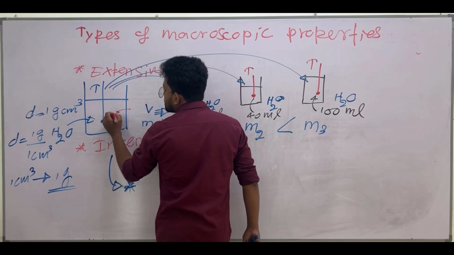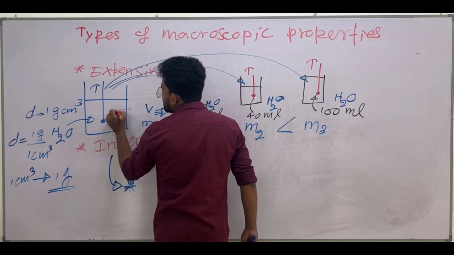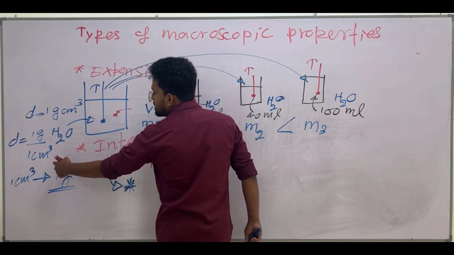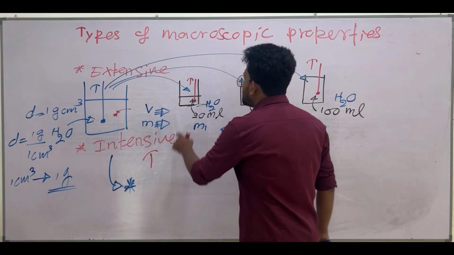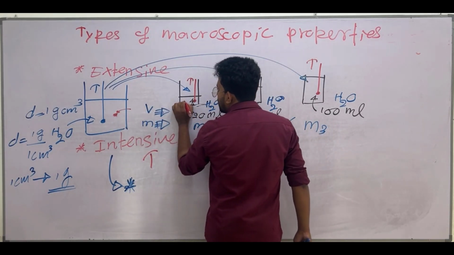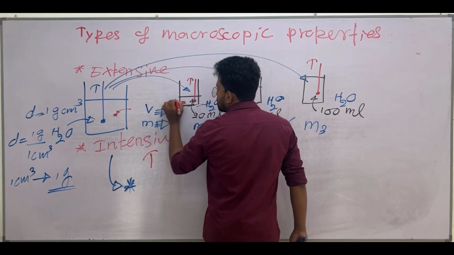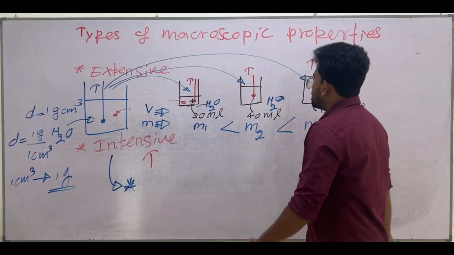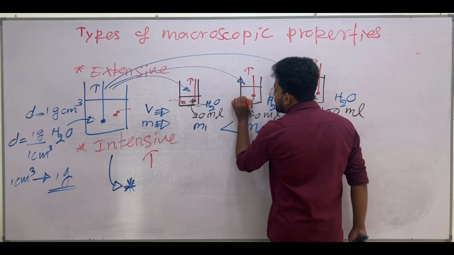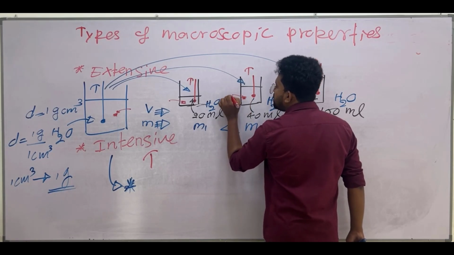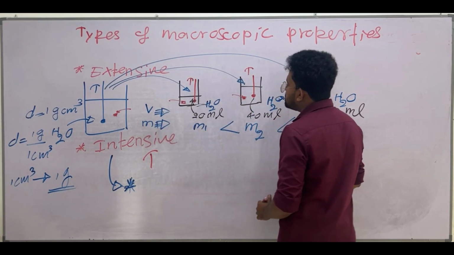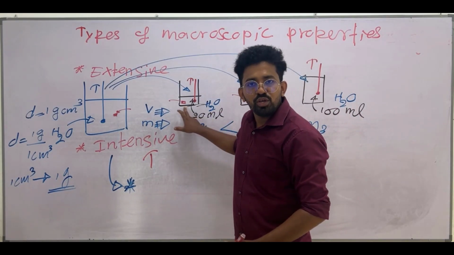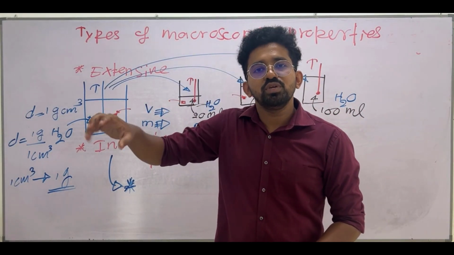This is the volume that occupies 1 cubic centimeter, and the mass of this 1 cubic centimeter is the density, that is 1 gram. So in the other sample, the same amount of volume is considered to get the density. The mass of 1 cubic centimeter is again 1 gram. Even though the volume is different, here again we consider 1 cubic centimeter to get the density. The mass of unit volume is density.